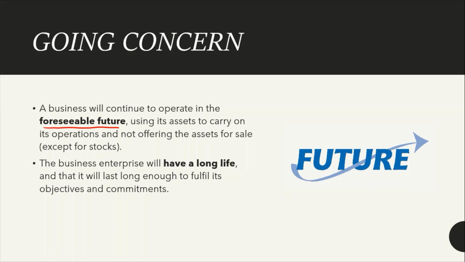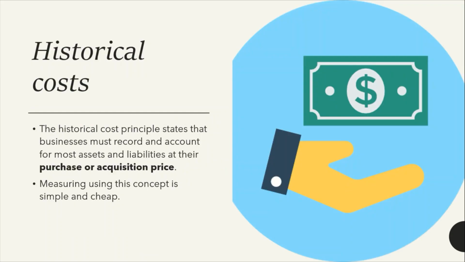Okay. So next is historical cost. Historical cost principles state that a business must record and account for most assets and liabilities at their purchase or acquisition price. Measuring this concept is simple and cheap. Historical cost means that when you buy an asset or make a debt in a certain period, you record it based on that period.